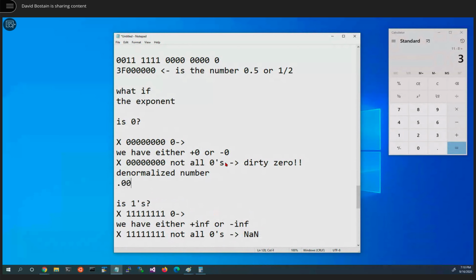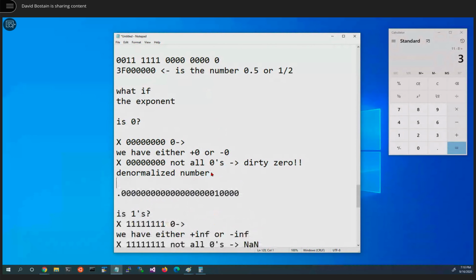Normally, we will have pushed the number, and we don't move the decimal point because there are so many zeros in front of it that the number actually has to be represented, but we don't have enough range above 127 to reflect it. So a denormalized number is a very small number, and it's always whatever is literally there, including the 1 point. The 1 point will be in here, but it'll be as part of the mantissa.